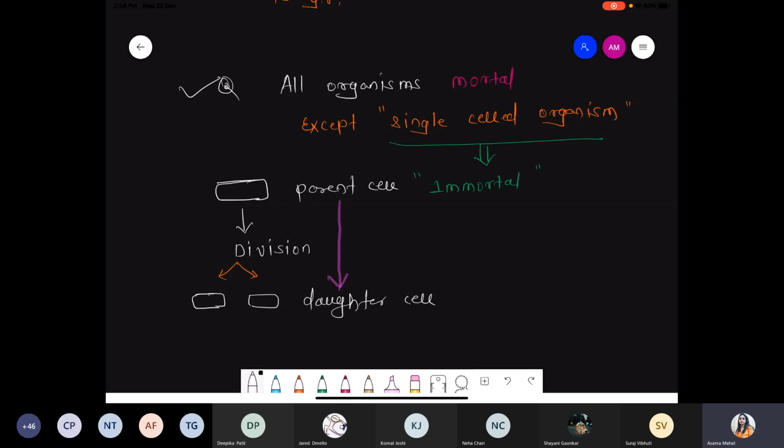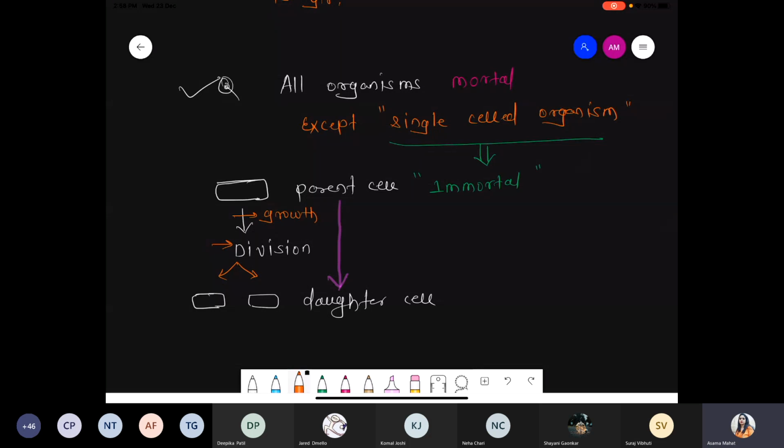But when we are talking about the unicellular organism, the parent body, which is the single cell body, shows growth, and then again shows a division pattern. So यहाँ पे एक important step होगा. First step is growth, and the second step is division. So the single parent body divides into two.